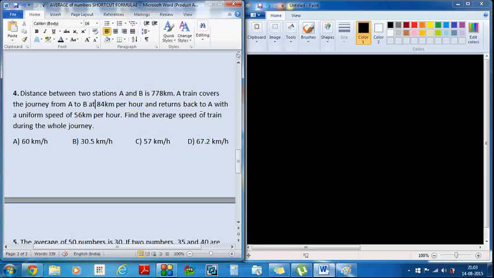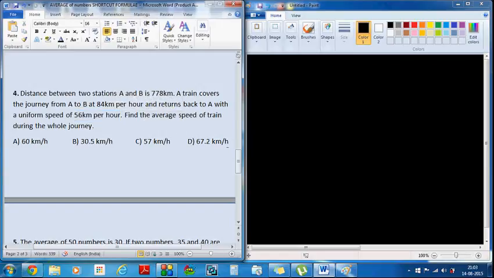And returns back to A means from B to A. So the distance A to B is equal to B to A. It returns back to A with a speed of 56 kilometer per hour, the speed while traveling from B to A.